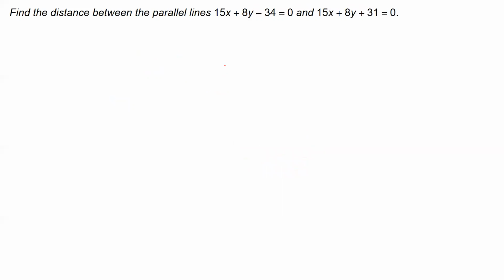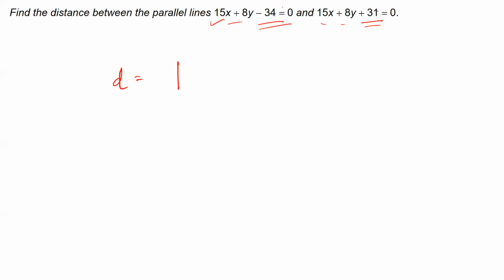Find the distance between the parallel lines 15x plus 8y minus 34 is equal to 0 and 15x plus 8y plus 31 is equal to 0. You see that of course these two coefficients are equal, 15, 8 and 15, 8. All they differ by is this constant. So the distance between these two lines, suppose D, is given by mod of c2 minus c1. You can take any one as c1 or c2, it doesn't matter.